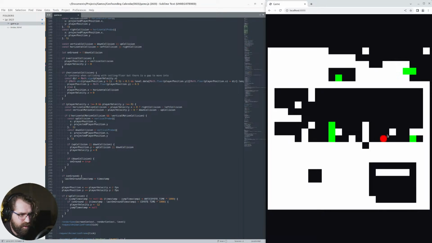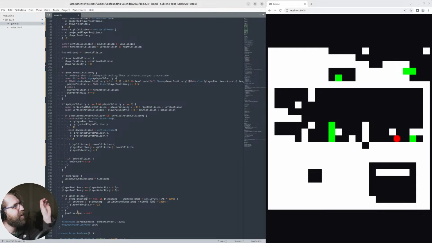If there isn't an up collision, no, there are issues here. We want to set that to that in that place, right? Because let's say I press up in the middle of the air, we've set the timestamp, there's no up collision, but we want to clear it because we've pressed up in the air.